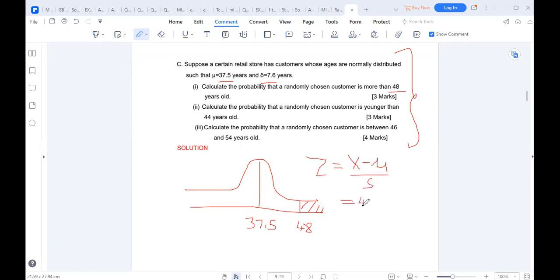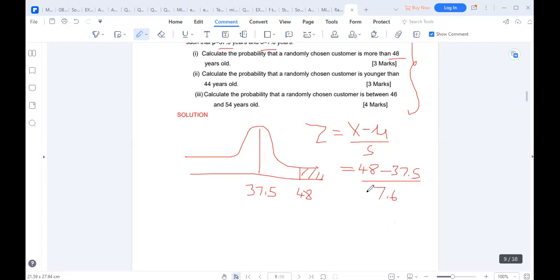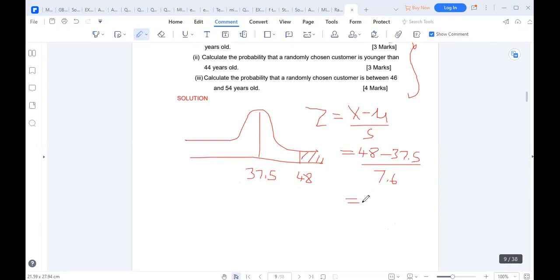This is 48 minus that 7.5 over our standard deviation, which is 7.6. That's our Z. 1.38.